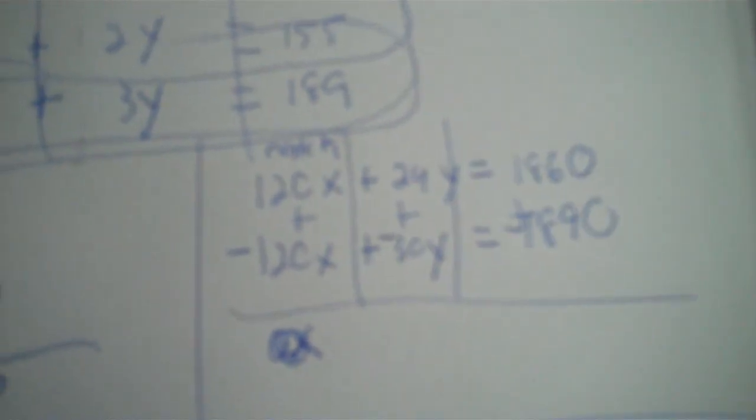Now you still can't add, they still don't add to 0, but you have a match right there. So if you have a match, if you just make one of them a negative, it's 0x, because adding a negative and a positive, the same thing, gives you 0. You still got to remember to make the 30y negative and the 1890 negative. So it's not 24 plus 30, it's plus negative 30. That's negative 6y.